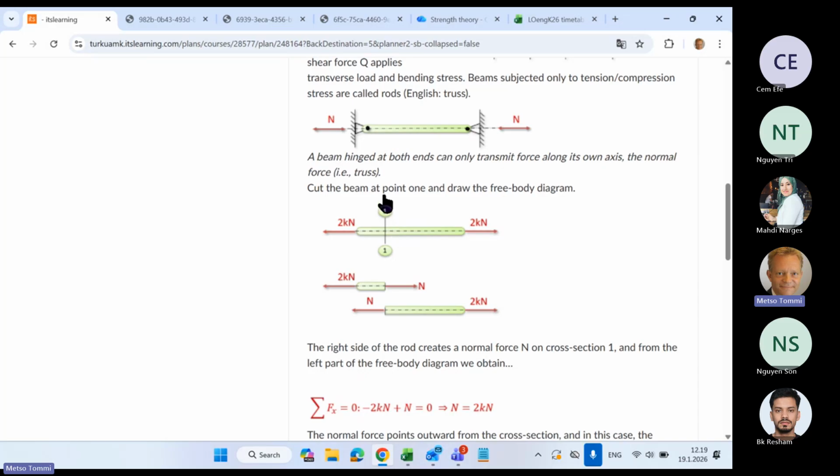If we check in this cross section number 1, what kind of force is in the middle, and it's solved here because this left side of the beam and this right side of the beam both have to stay still, and so to do so, both ends have to have the same size of force.